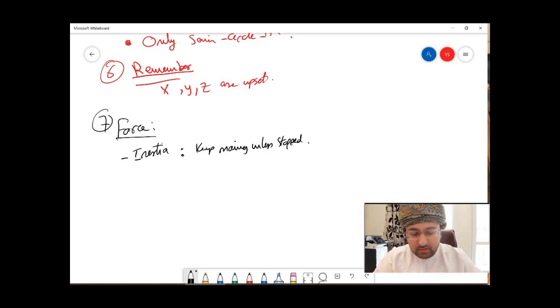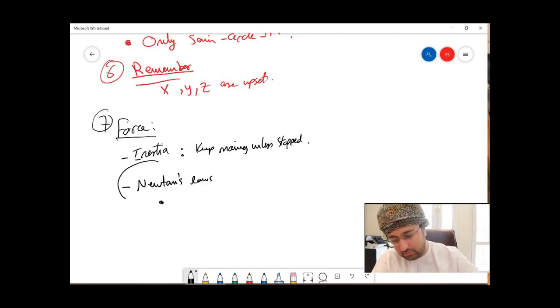Now, next we said Newton's laws. The first law is inertia itself. Things keep moving unless stopped. Never mind formally, let's talk about the easiest way to remember it.